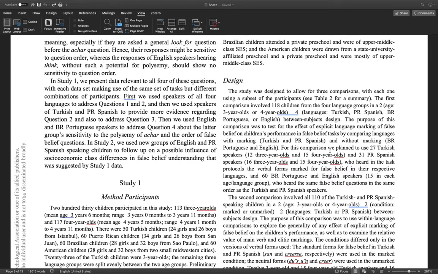So when we look at the language groups, which we already know really well, I'm looking at that 3-year-old condition for the advantage. I'm expecting Turkish 3-year-olds and Puerto Rican Spanish 3-year-olds to be superior because of their language, at least worst case when they're using their language, best case during the whole time.